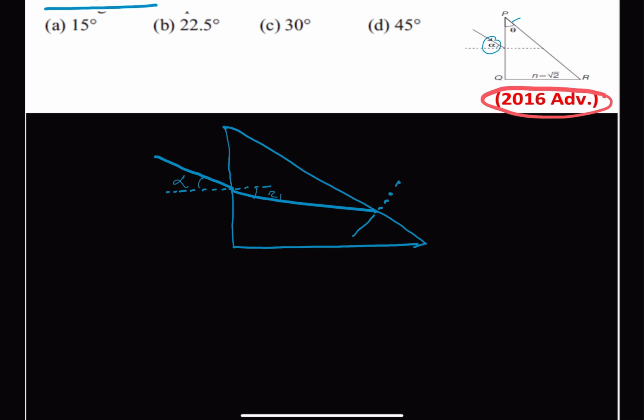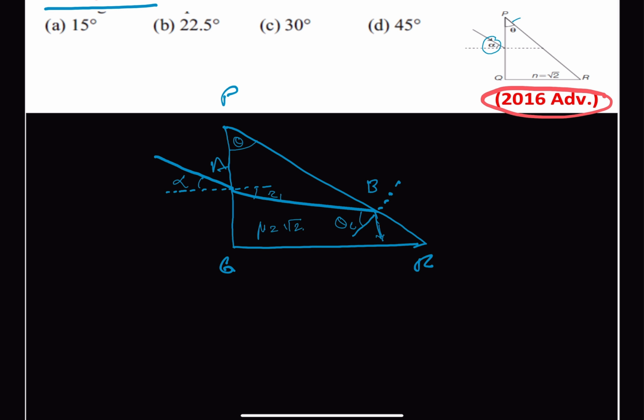Let us suppose the prism is given as PQR, and let us call this A and this B, and it will be moving in this direction for total internal reflection. We are going to get this angle, let us suppose the critical angle, theta C, and we are supposed to find this angle theta, and the refractive index is given as square root of 2.